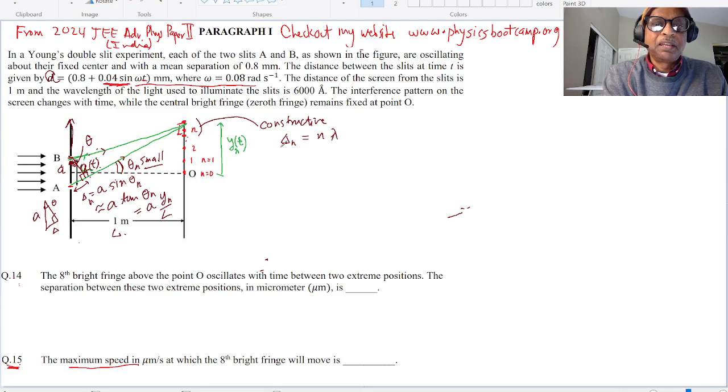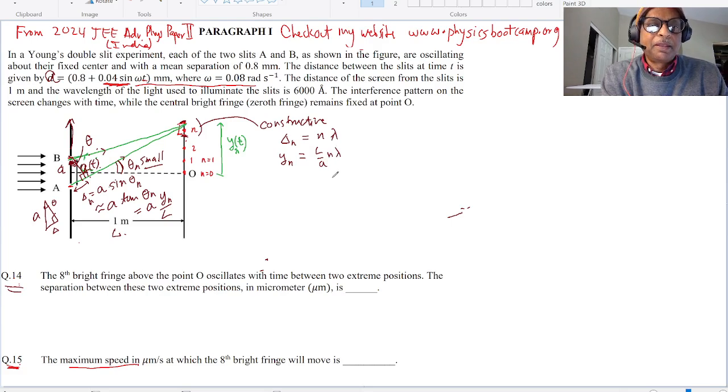So we can say yn. This question 14 is about yn in two extremes, yn for this versus yn of this. What's the range there? So yn will be equal to L over A times n lambda.